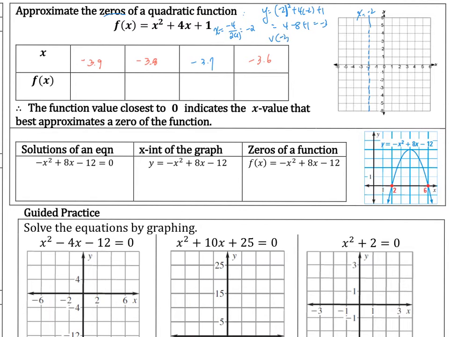So therefore, my vertex will be at (-2, -3). And my y-intercept will be at (0, 1), reflecting to the point (-4, 1).